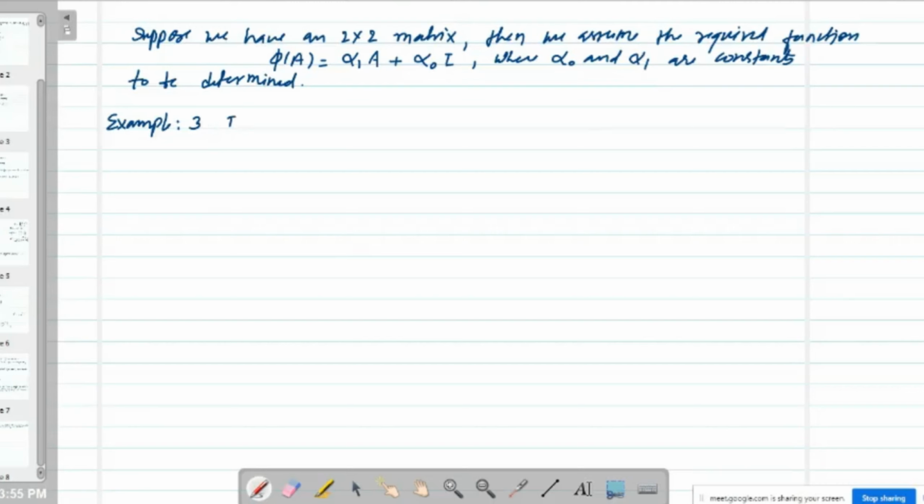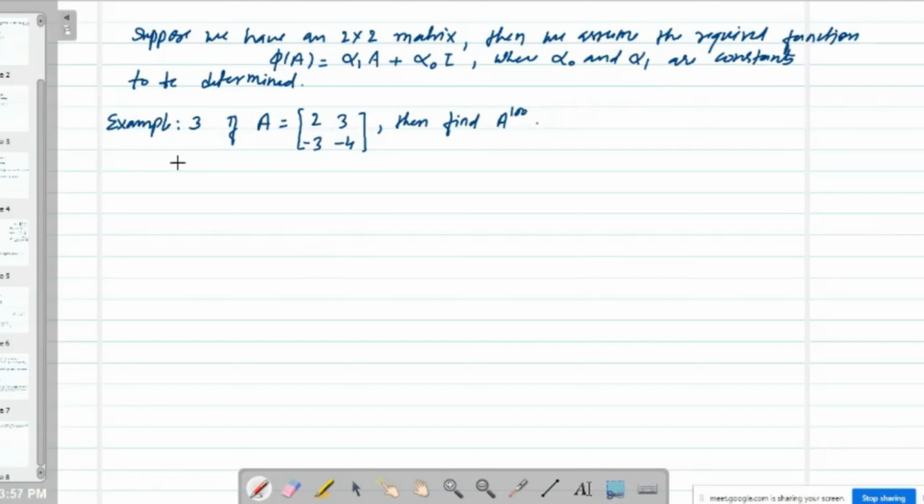If matrix A is given to you 2 3 minus 3 minus 4, then find A to the power 100. A का power 100 निकालना है. What have to do in this case?